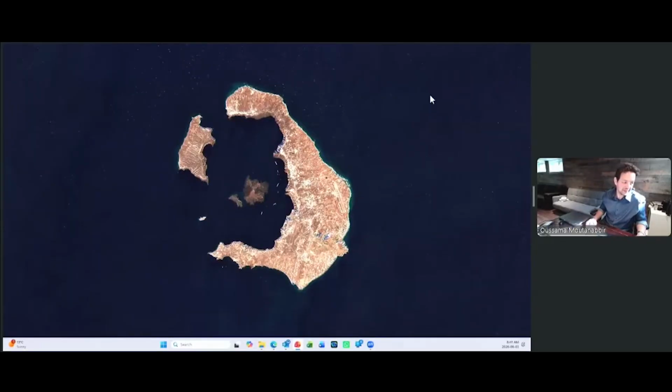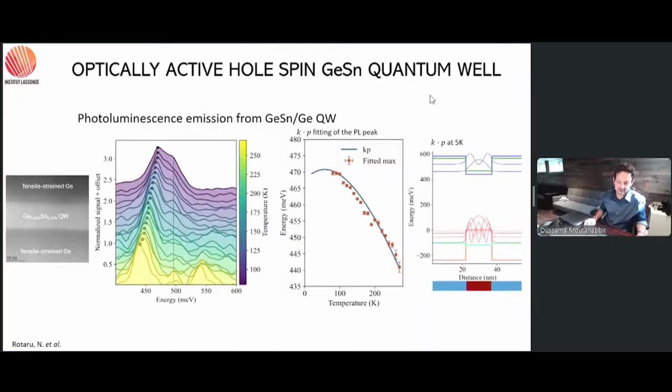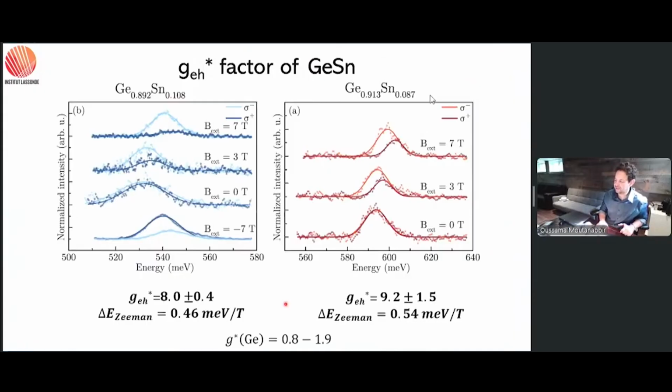So let me just finish with, I mentioned a lot about the g-factor. We did some magnetophotoluminescence measurements in different alloys of germanium-tin. If you are familiar with germanium, the g-factor is between 1 and 2.